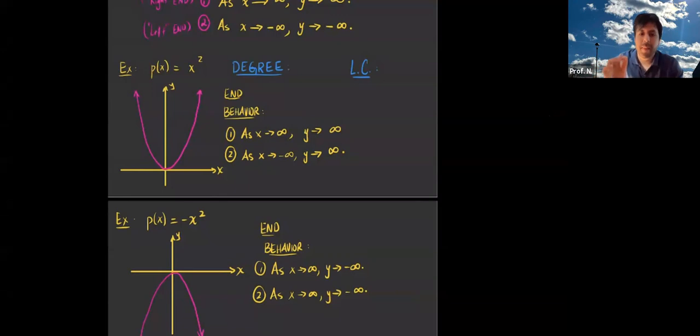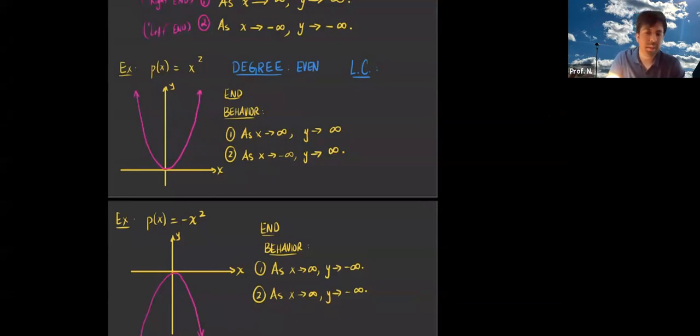But what we're going to care about more is the parity, P-A-R-I-T-Y, of the degree, which is whether it's even or odd. So obviously, the degree here is even. Now, what's the leading coefficient of this term?